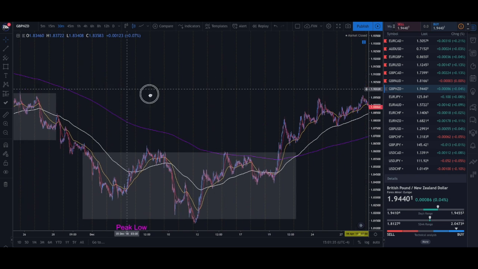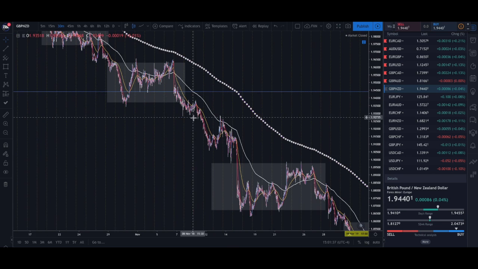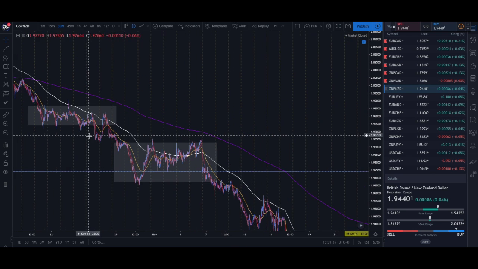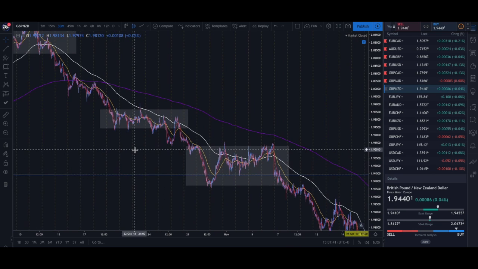Now, normally how you would do this, guys, is you normally use the EMAs as your trend indicator of what direction you're looking for to take the trade.